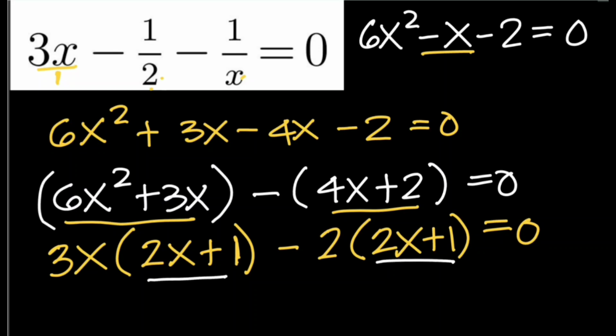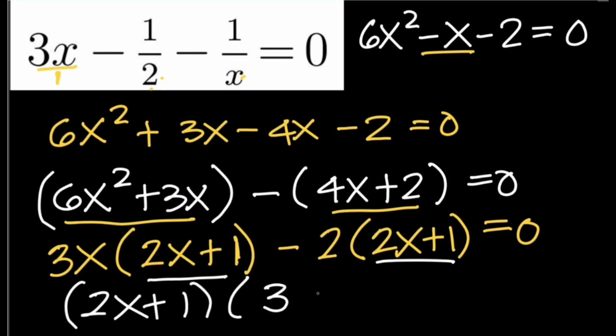Then we can factor that out from the expression. So we have 2x plus 1 times 3x minus 2 equals 0. Now we have the product of the factors of the given expression. Then we can equate each of the factors to 0 to solve for x.